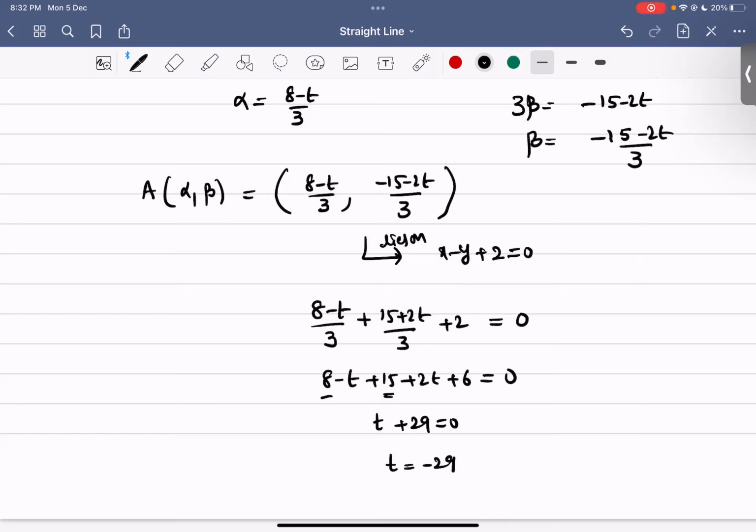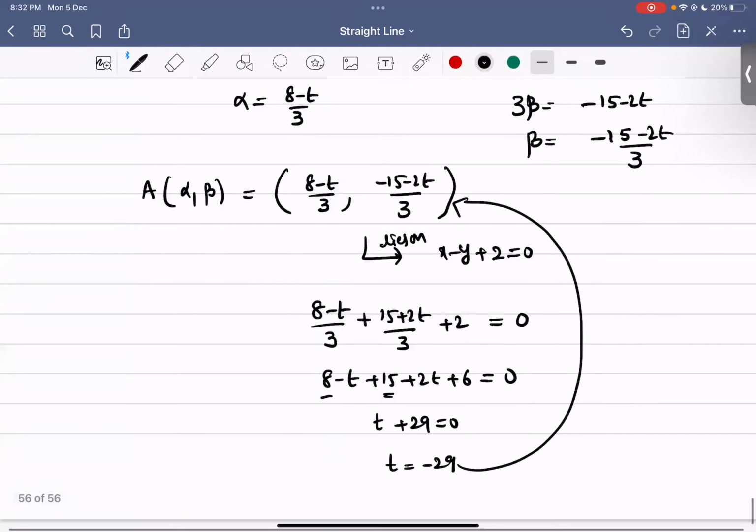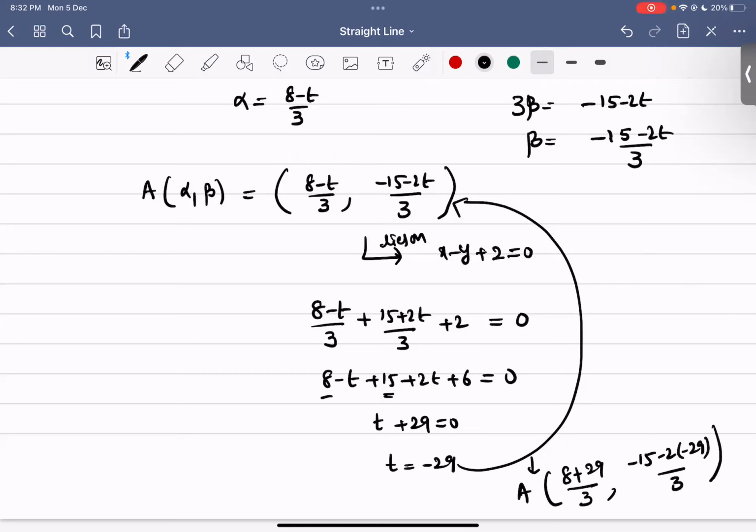Is this okay? Correct? Yes, sir. So t is equal to minus 29. Again you substitute t in A(alpha, beta). Therefore, if you put t back in A, the coordinates of A are (8 minus of minus 29) by 3, 8 plus 29 by 3, comma, (minus 15 minus 2 into minus 29) by 3.